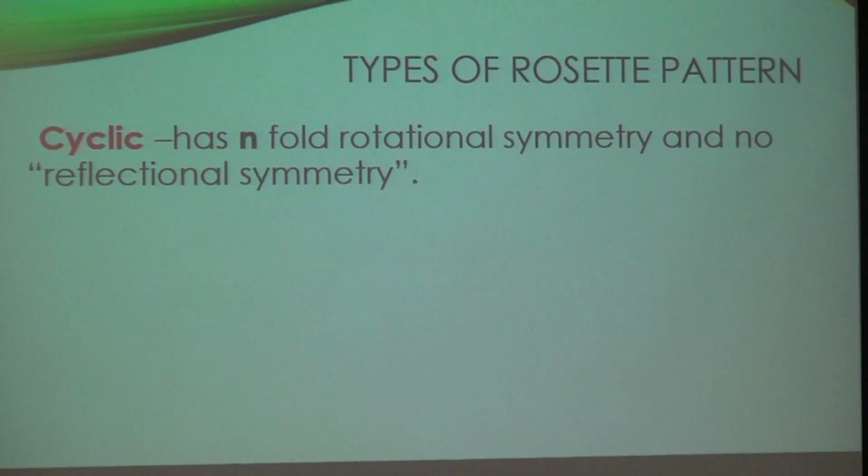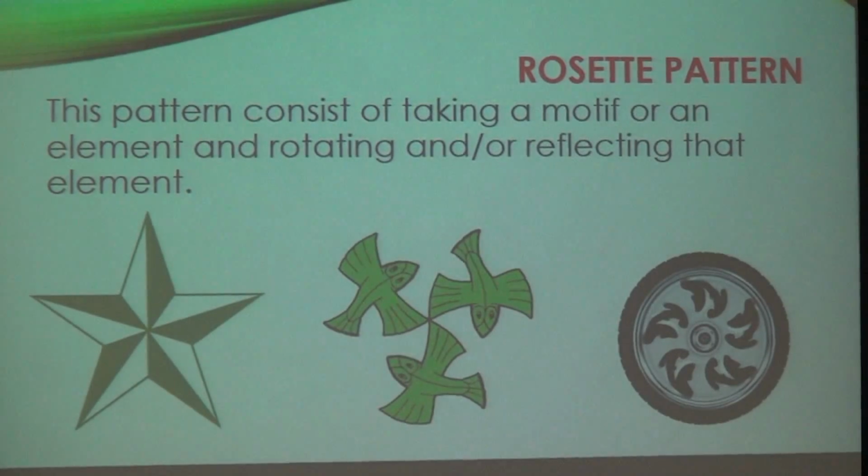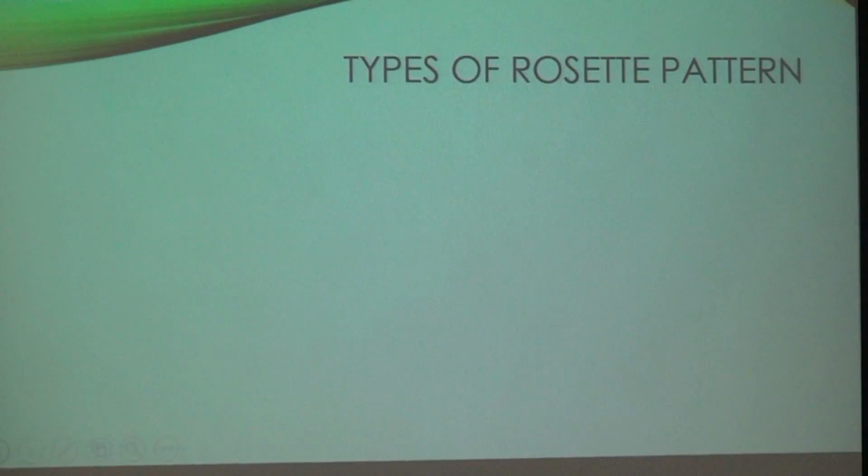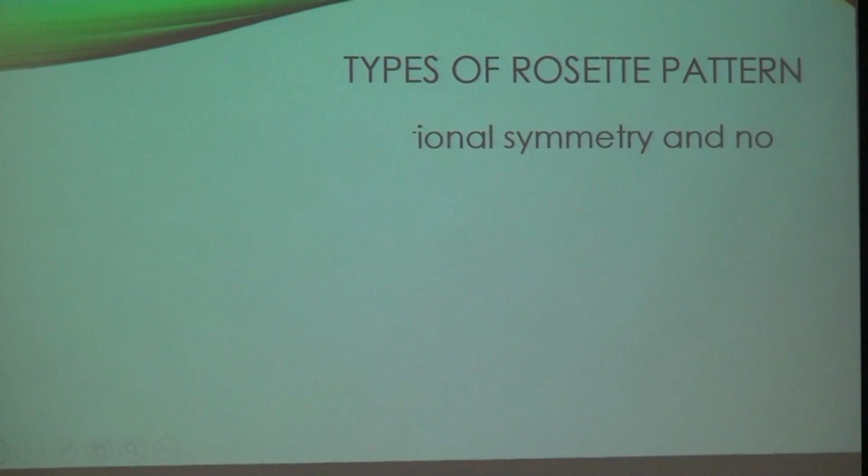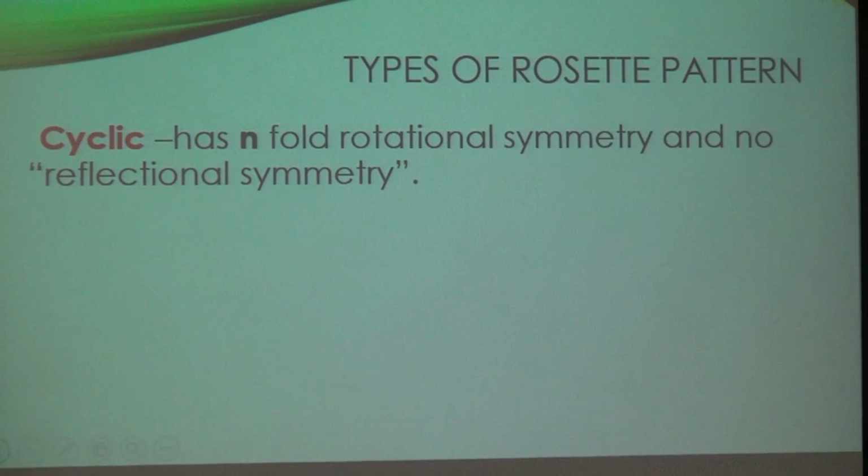In our example earlier, the DLSU star is an example of a cyclic rosette pattern of order 5. I have 5 rotational symmetries. I can rotate it in 5 different ways, 72 degrees, 144 degrees, and the figure will stay the same. That's what we mean by a rosette pattern that's cyclic of order n.